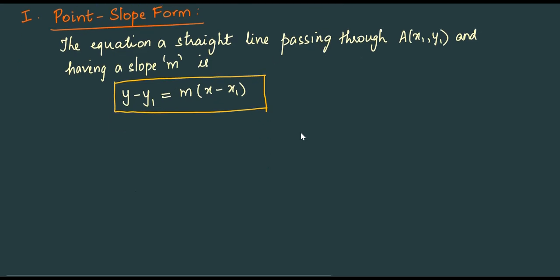Now, how do we derive it? x1, y1 is a fixed point, and then x comma y is any point on the line.